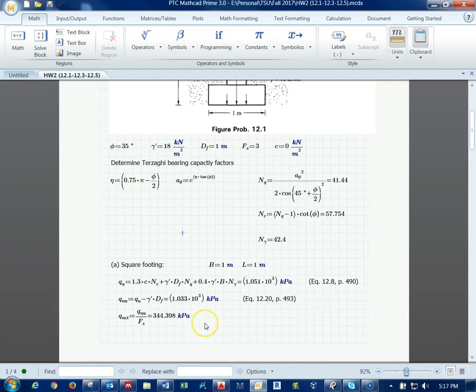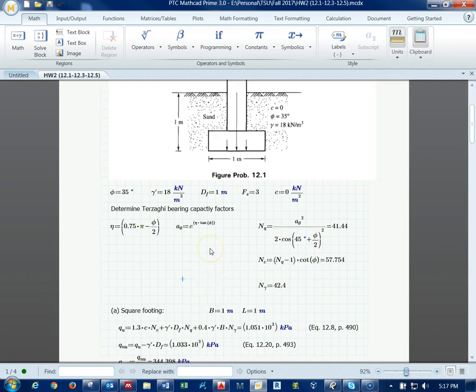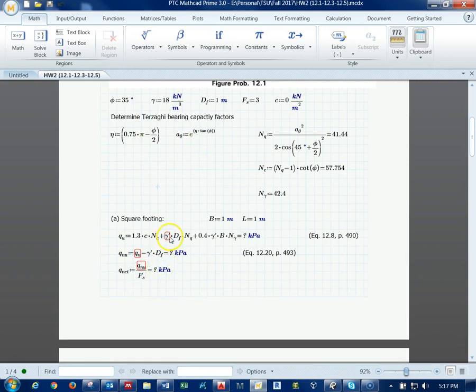To find the net bearing capacity, I subtract from the ultimate the weight of the foundation, which is found from the unit weight. Here, gamma prime and gamma moist are the same. Actually, let me fix that. That's not exactly right. Since the water level is really far down, it's really just gamma moist.